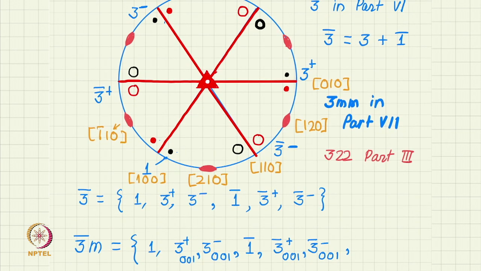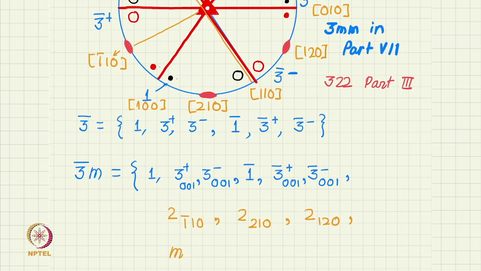If you see, this mirror is exactly perpendicular to the two-fold axis bar 110. So actually the normals of the mirrors are along the same direction as the two-folds. So I can write M bar 110, M210 and M120, to complete my group of order 12.